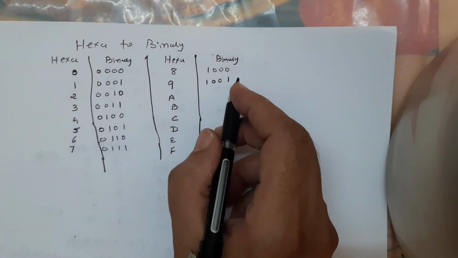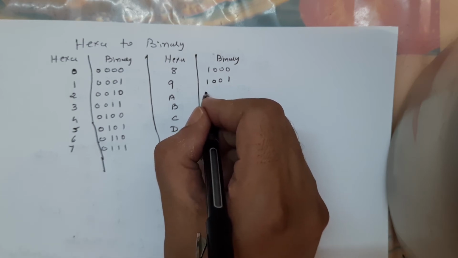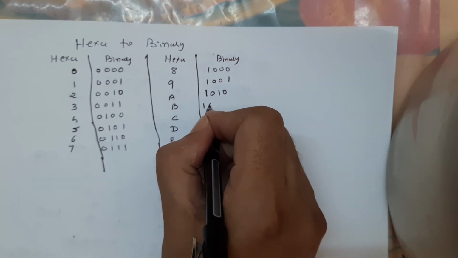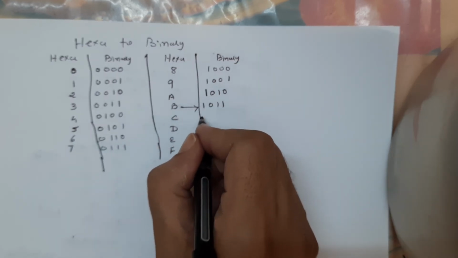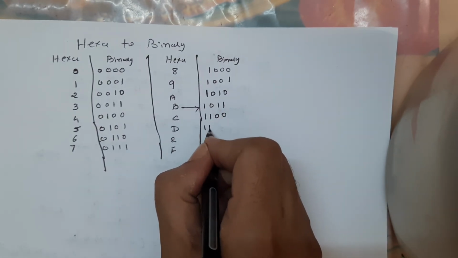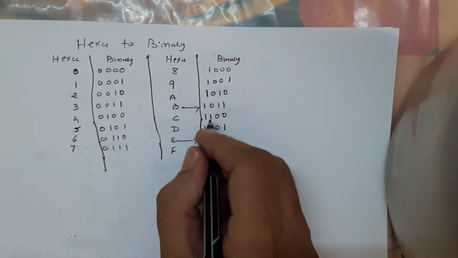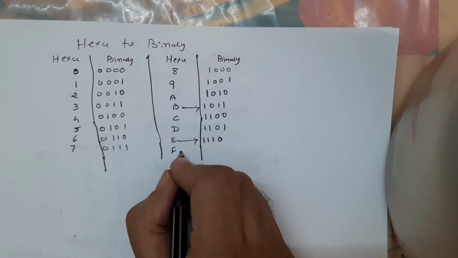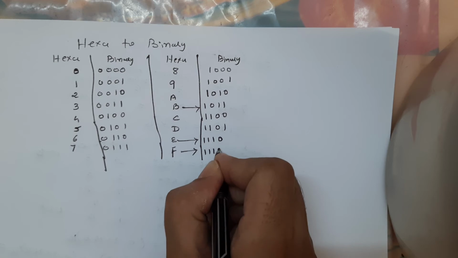Right? The numbers are 1, 0, 1, 0, 1, 0, 1, 1, 1, 1, 0, 0, 1, 1, 0, 1, 1, 1, 1, 0, and last F, that means 1, 1, 1, 1.